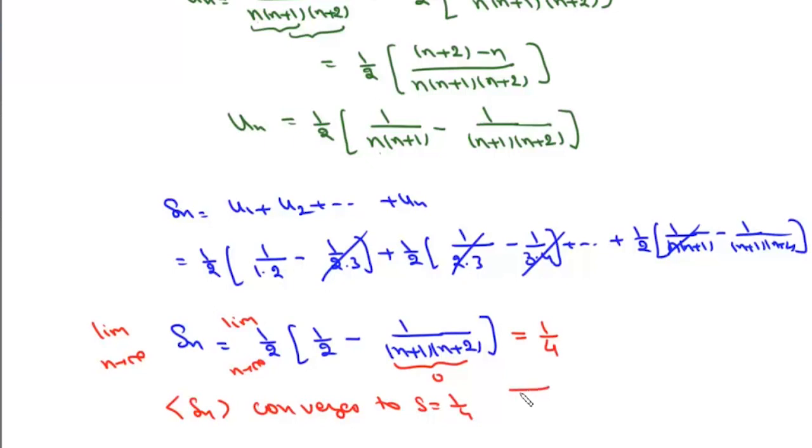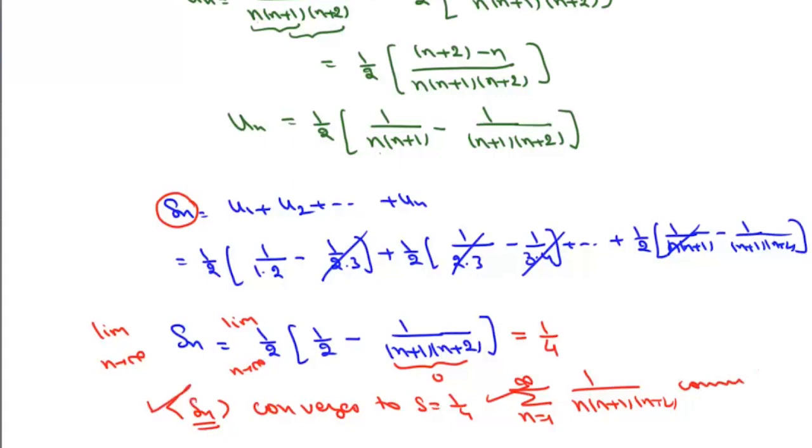And therefore this series summation n varies from 1 to infinity of 1 upon n, n plus 1, n plus 2 is going to converge. So we can associate an infinite series with the sequence of partial sums, and we can work out convergence of the series from convergence of the sequence of partial sums.